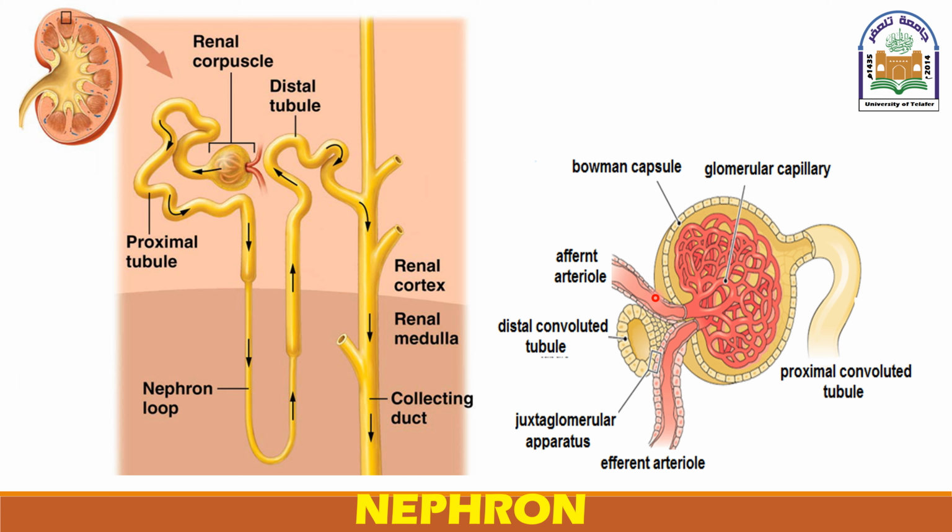Each nephron receives an afferent arteriole. This afferent arteriole, when it enters the Bowman capsule, divides to form the glomerular capillary, and here is the filtration area.